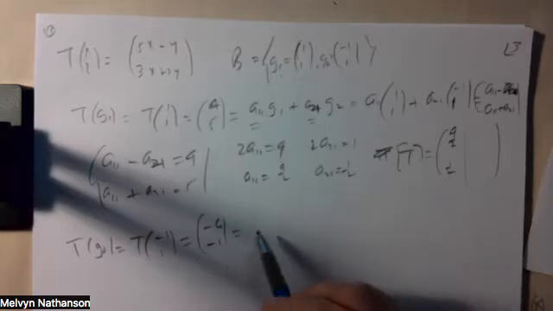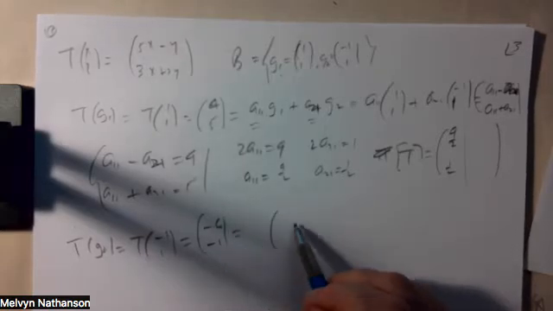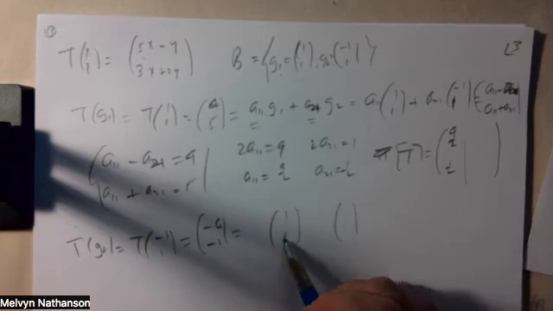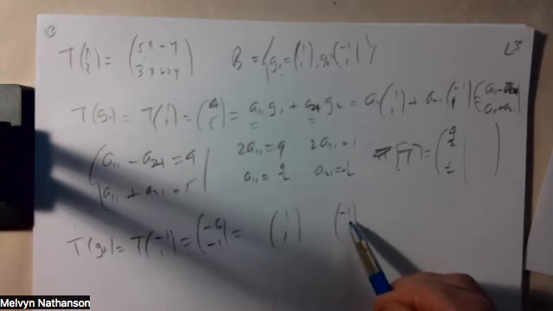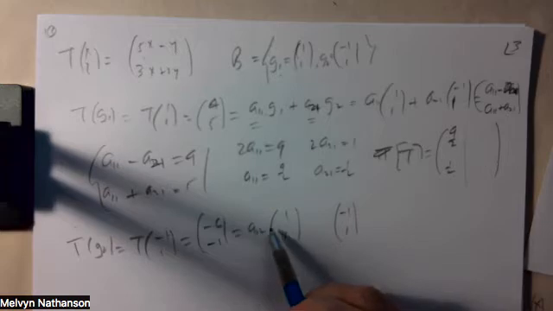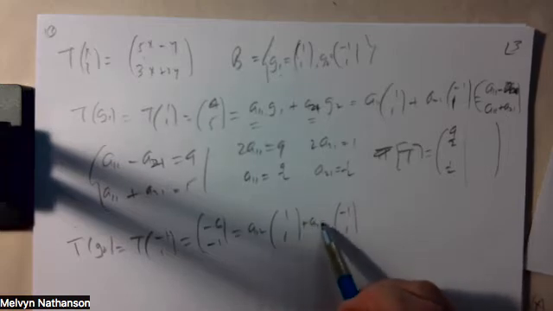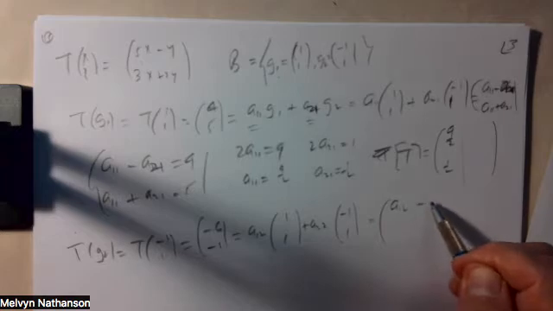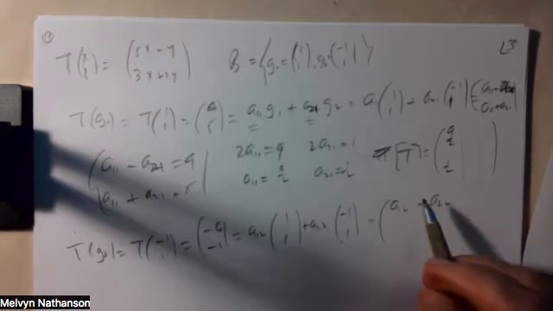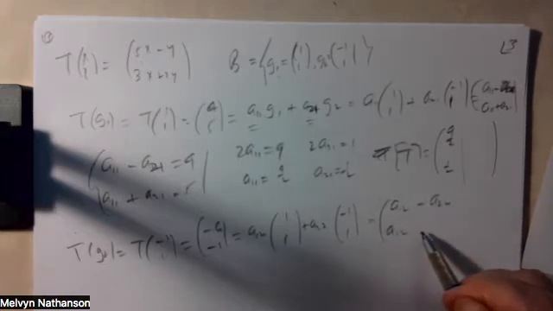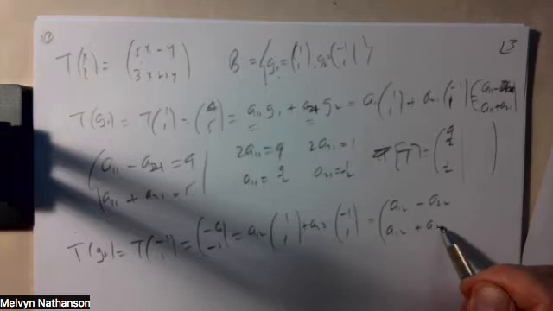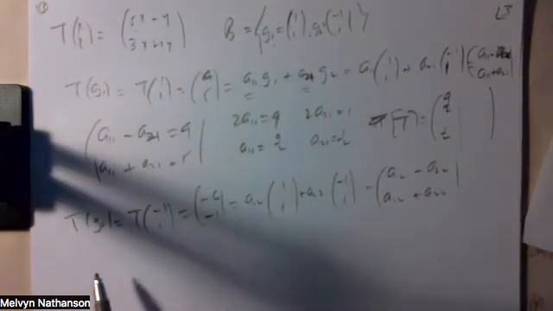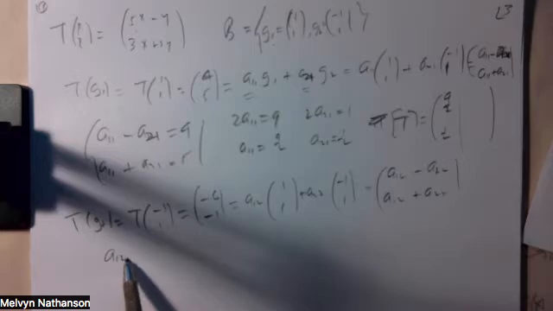And I want to write this again as some linear combination of the vectors G1 and G2. This is going to be A12 times this and A22 times this. So this is (A12 minus A22, A12 plus A22). So I have to again solve the system of linear equations.